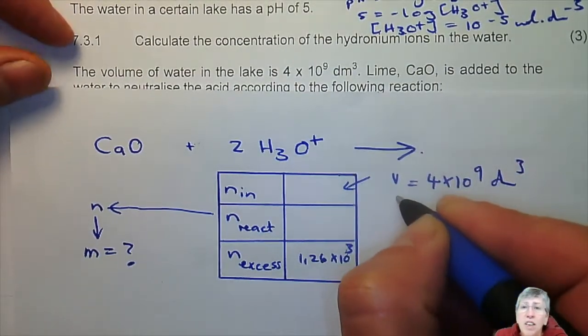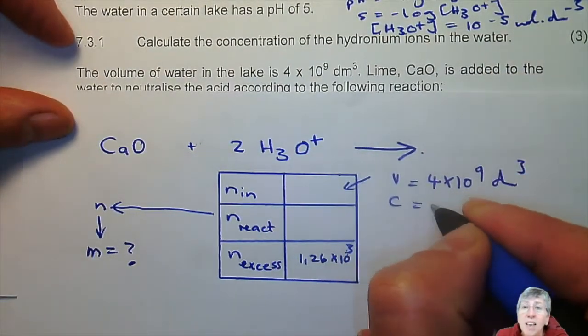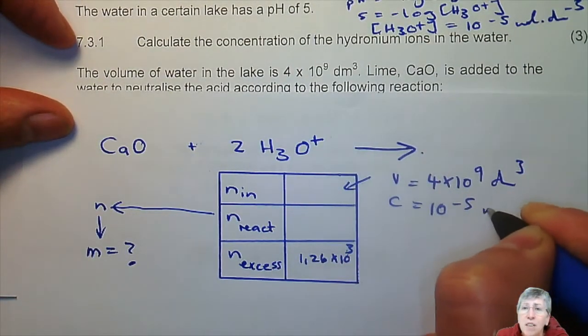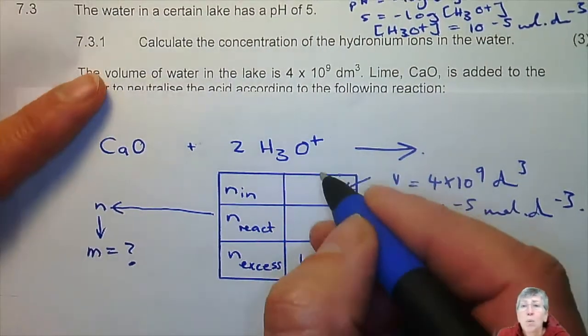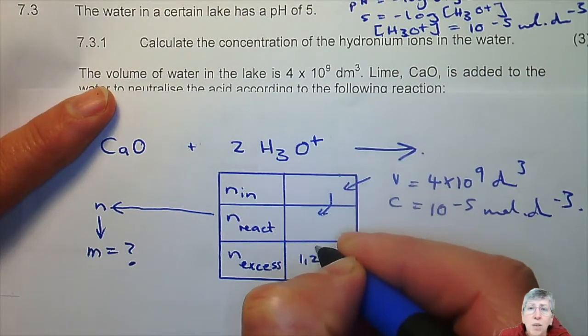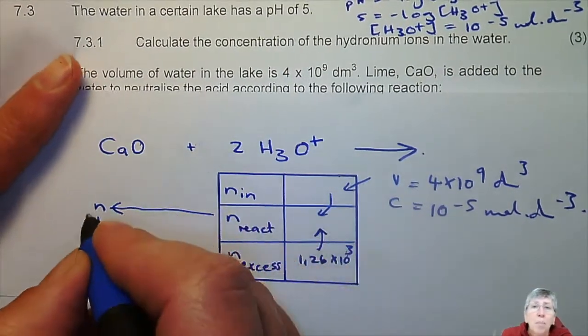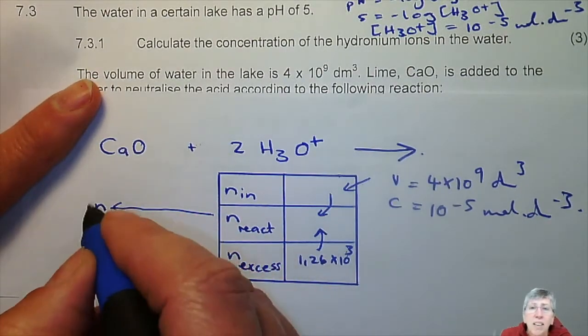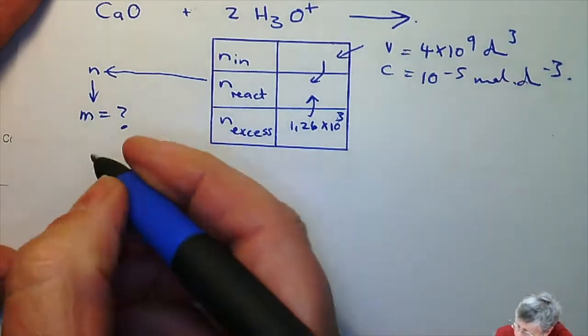And the concentration of the hydronium ions I've already worked out over there, 10 to the minus 5 moles per cubic decimeter. So that's going to tell me what I put in. Then I'm going to use them to get whatever reacted. And that will tell me how many moles of calcium oxide reacted and give me the mass that they've put in. So first off, let's start there.